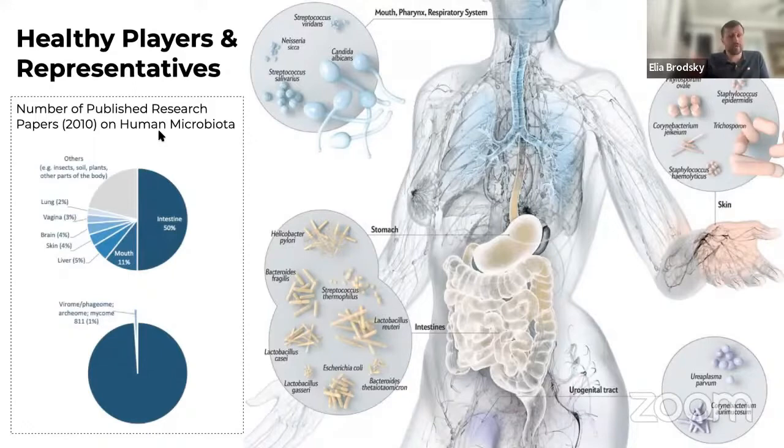Now, the majority of these studies focus exclusively on the bacteria, but the microbiome actually includes bacteria as well as other members of the community, including the virome. As you know, bacteriophages are important members of that bacterial community that regulate the composition: they can infect bacteria, and bacteria fight them off.